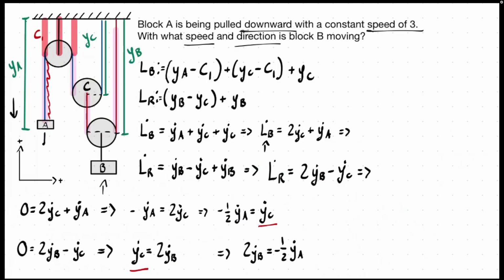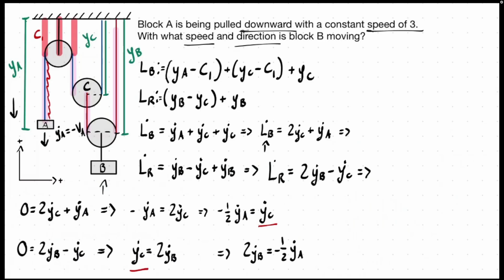Block A has to be moving downwards as YA gets bigger, right? So they're not exactly related, right? If YA is getting bigger, then the velocity VA is negative, right? Because it's moving downwards. So we're going to evaluate that here, that YA dot equals negative VA.